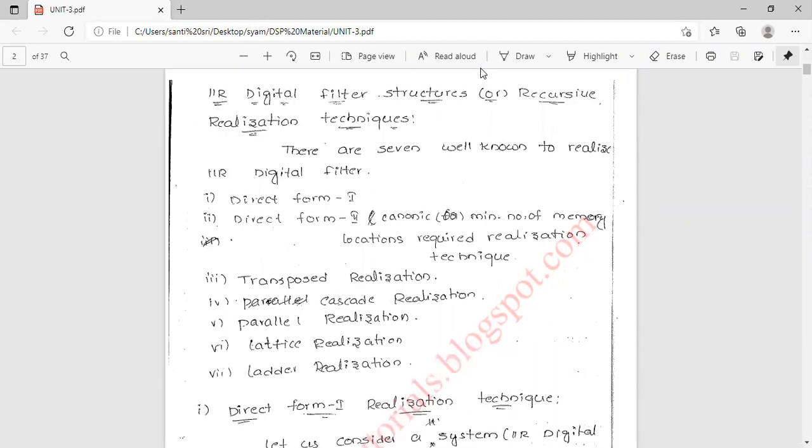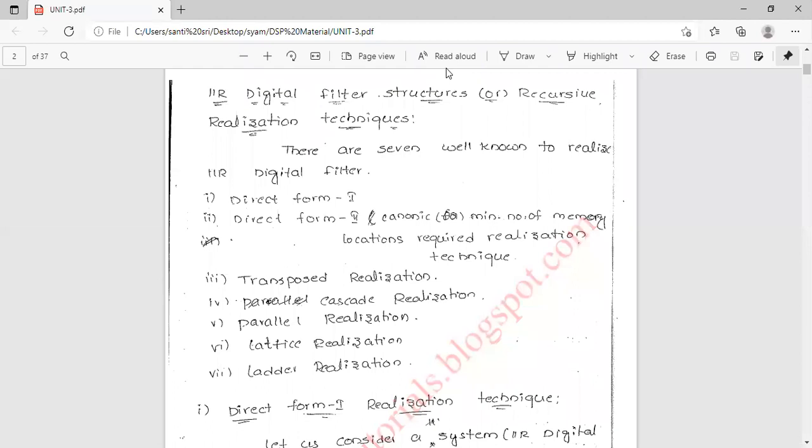Second is direct form 2, also called canonic or minimum number of memory locations realization technique. Third is transposed realization. Fourth is cascade realization. Fifth is parallel realization. Sixth is lattice realization, and the last one is ladder realization. These are the seven techniques of recursive realization.